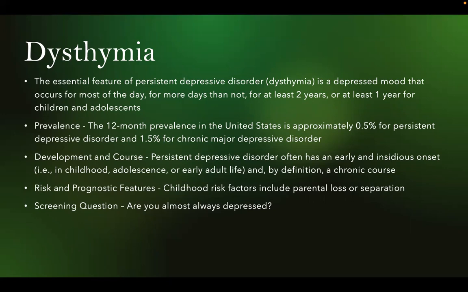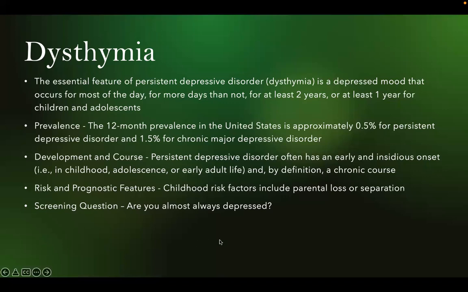And then in terms of development and course, dysthymia often has an early and insidious onset, so in childhood, adolescence, or early adult life, and is chronic by nature. In terms of risk and prognosis, childhood risk factors involve parent loss or separation. So again, having this disconnection could increase the risk of an individual developing dysthymia.